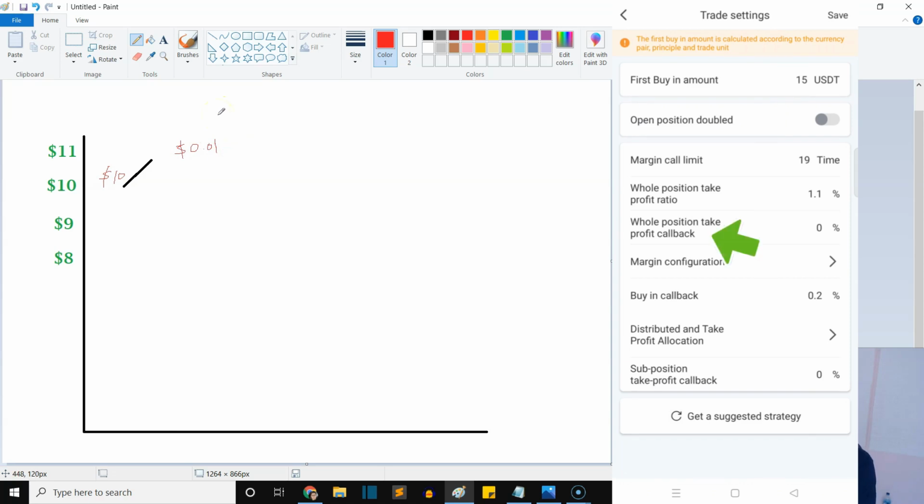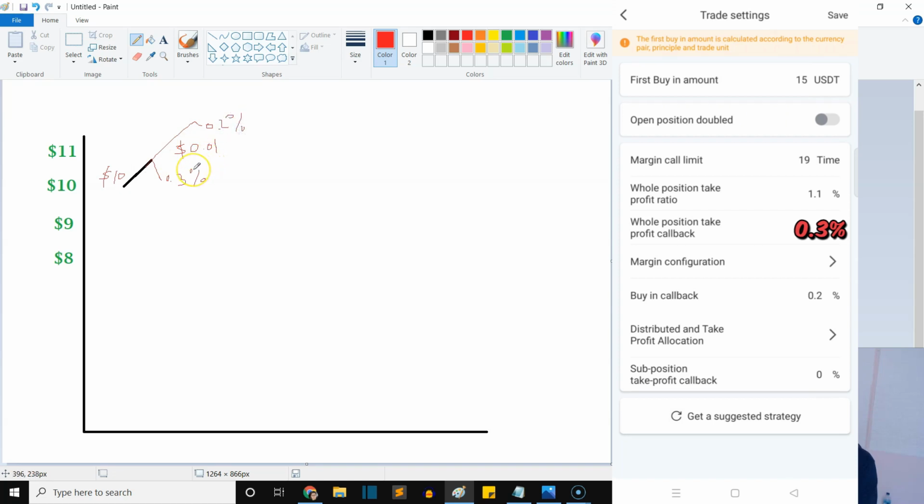Now down here is whole position take profit callback. Let's say it goes up 1.1%. You can set this. If you set it like 0.3%, if it goes down by 0.3%, then it will execute the trade. If it didn't go down by 0.3%, it won't sell, guys. So if it goes up and then goes down by 0.2%, it won't sell.